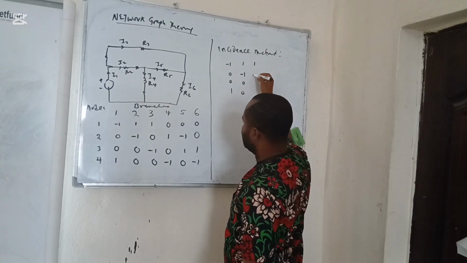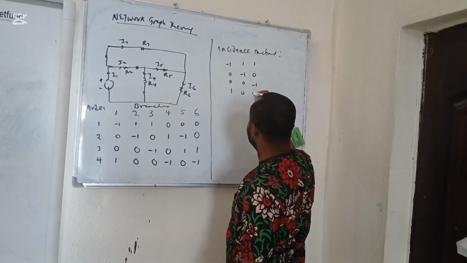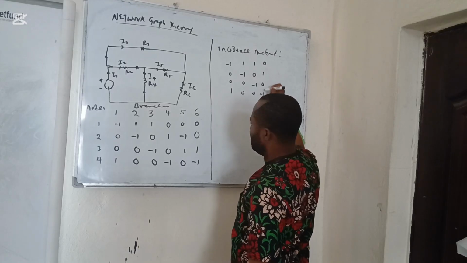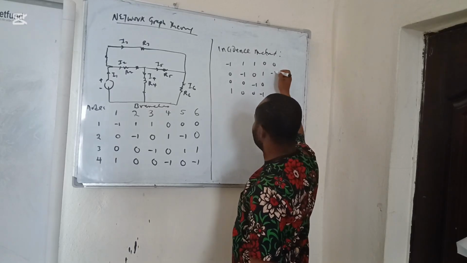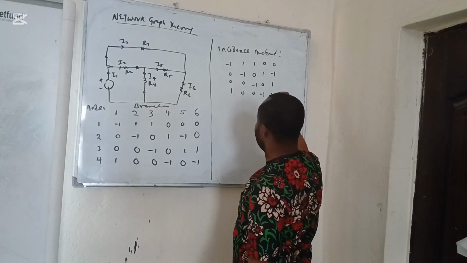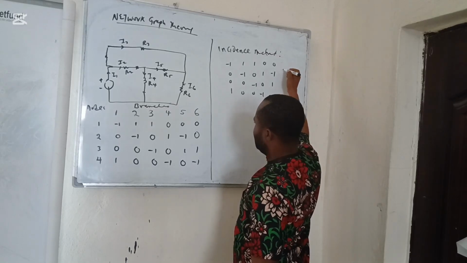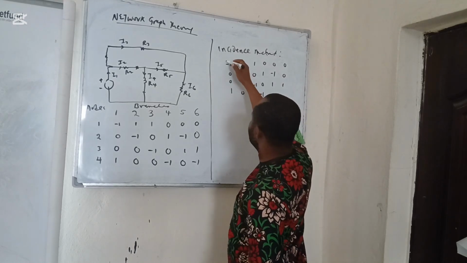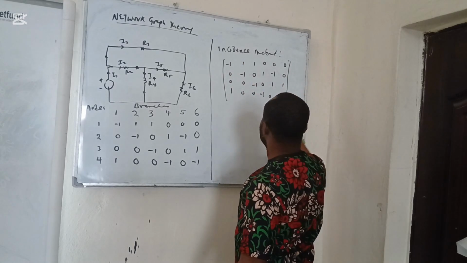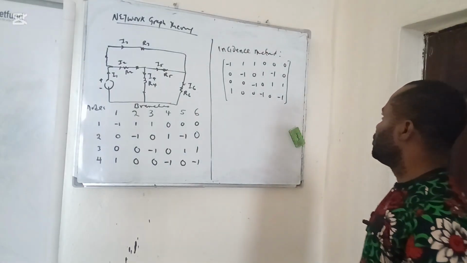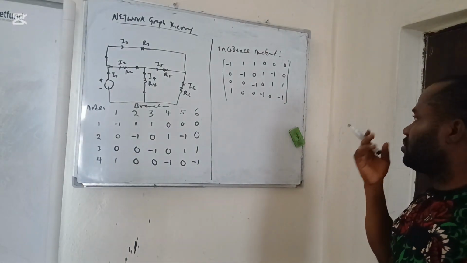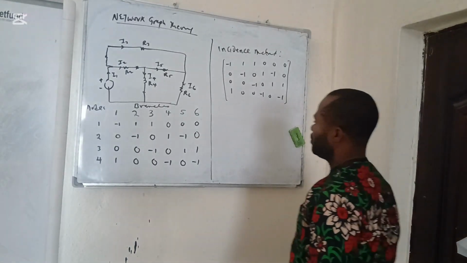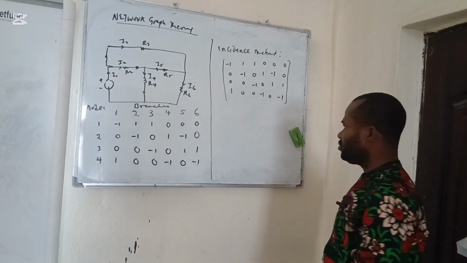We have 1, 0, -1, 0. We have 0, 1, 0, -1. We have 0, -1, 1, 0. We have finally 0, 0, 1, -1. So we call this the incident matrix of this graph. This is very important because it is one of the important components that we will need when we are solving for a particular circuit.